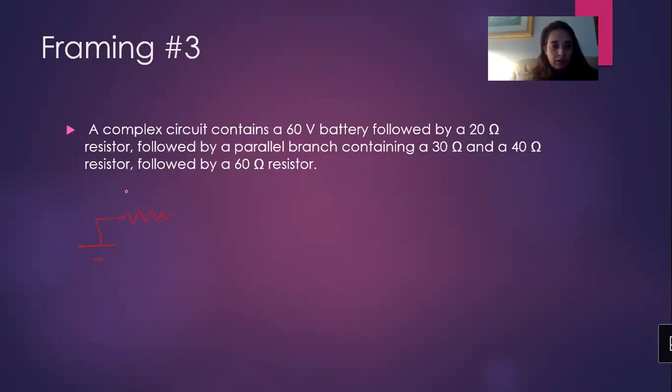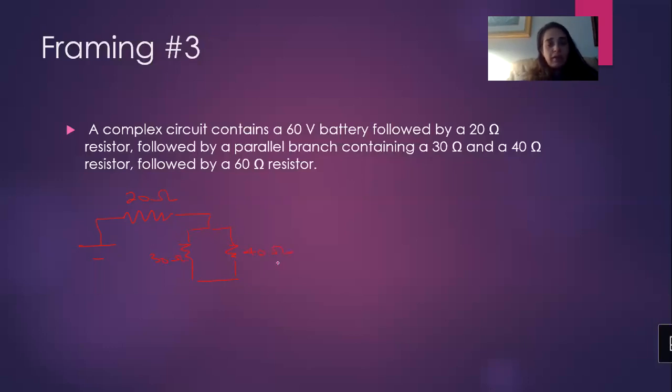I'll label this my 20 ohm resistor. It just follows, meaning it's connected in series. Then this is followed by a branch that contains a 30 and a 40 ohm resistor. I'm going to create a parallel branch here like we saw in the previous example. I'll label this one 30, and this one over here will be 40 ohms.